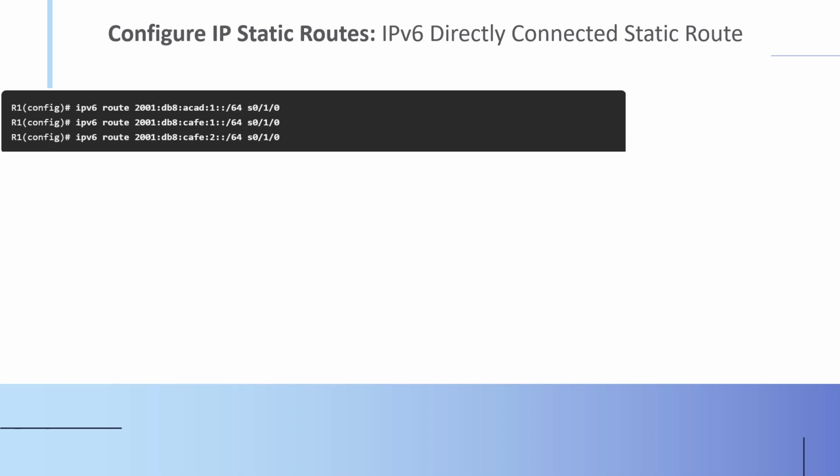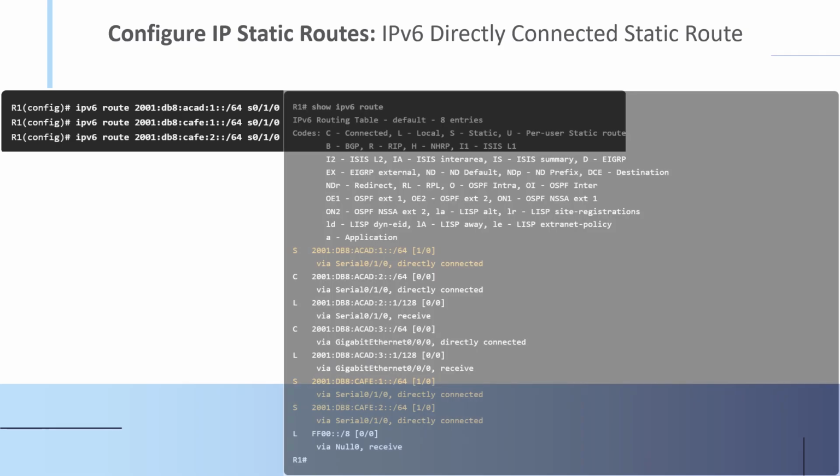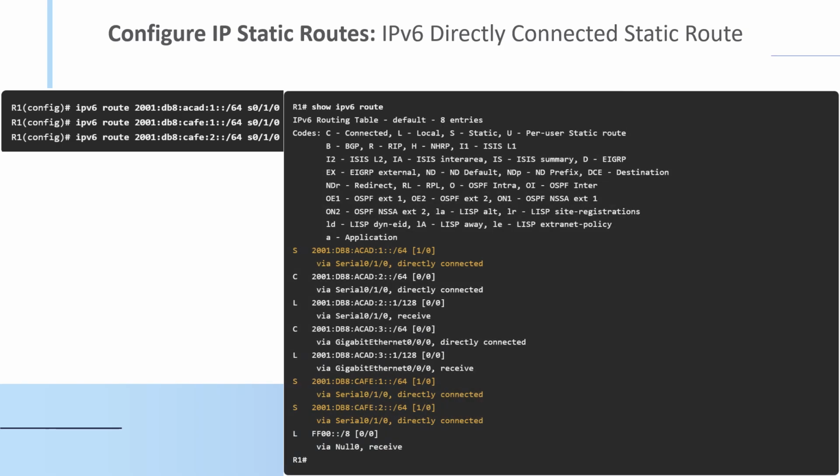And by using the show IPv6 route, we are able to see the 3 static routes that are added to the routing table. Again, even in the IPv6 network, it's recommended to use the next-hop address, because directly connected static routes should only be used with a point-to-point serial interface, as it is shown here.